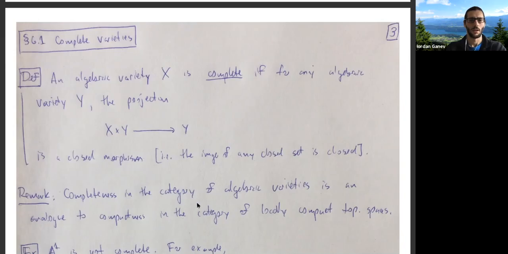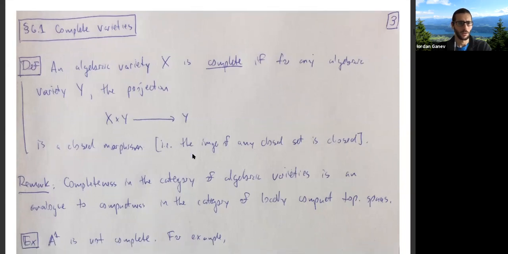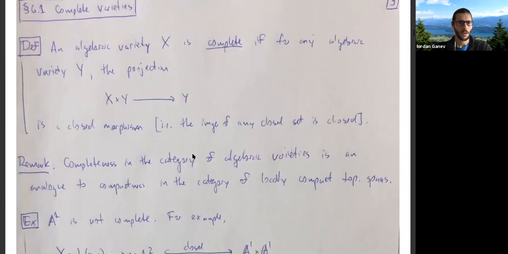That's some topological motivation, but here we want to think about algebraic varieties, and we can't do the same tricks that we usually do with locally compact topological spaces, so we need this definition. All right, so that's the definition.